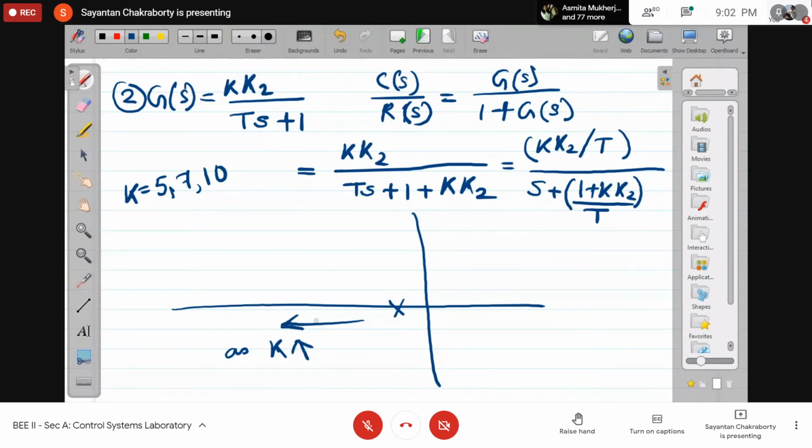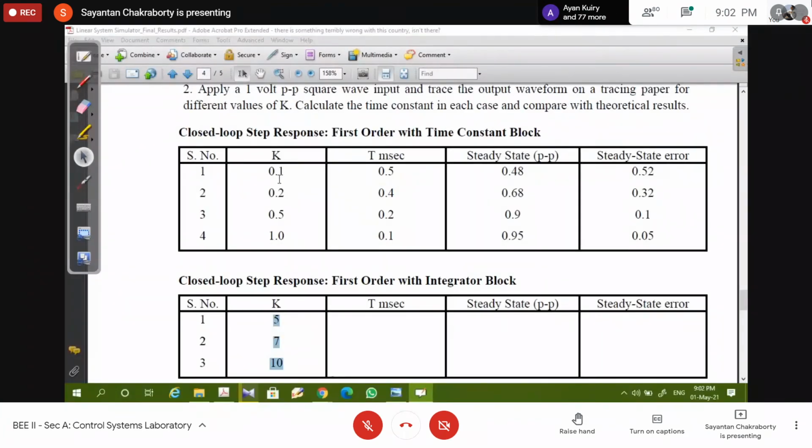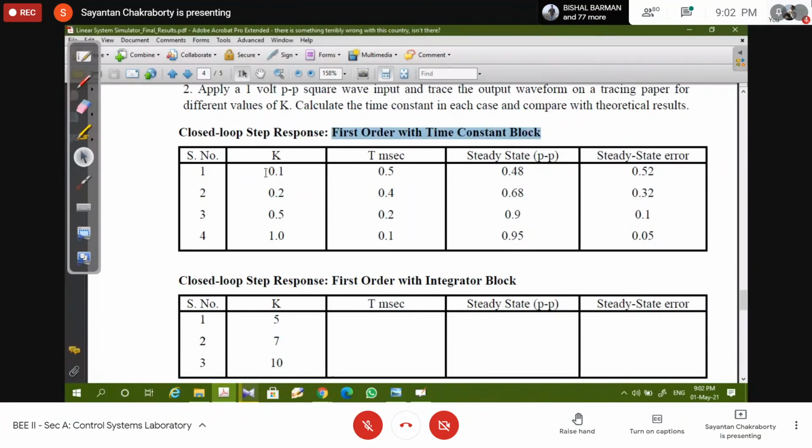So your response time constant will get reduced. The response will become faster and faster. That is what I have seen here. The K value I have taken for the first order constant block is 0.1. The time constant is 0.5. Steady state value I have got 0.48, steady state error 0.52.